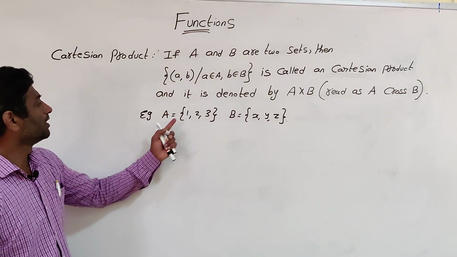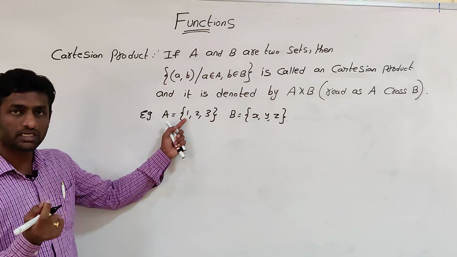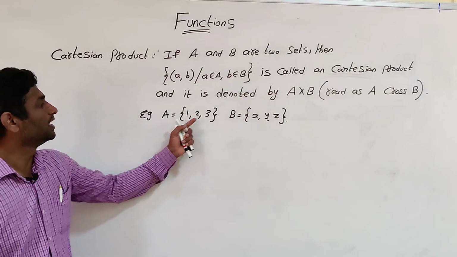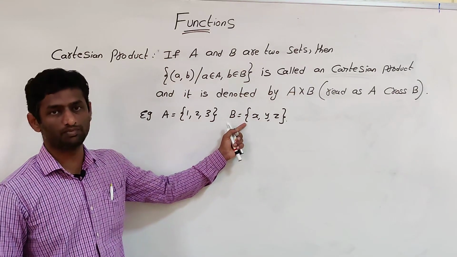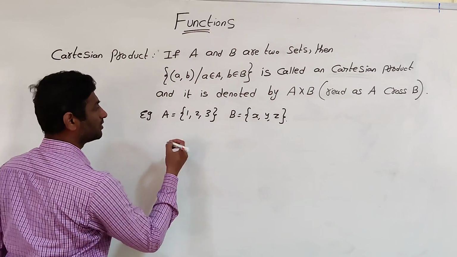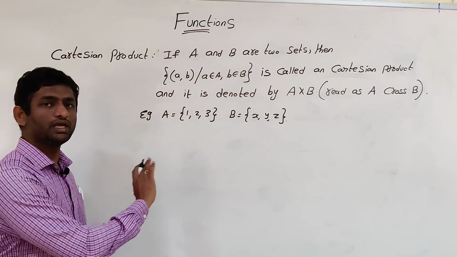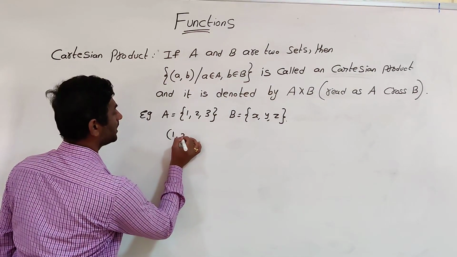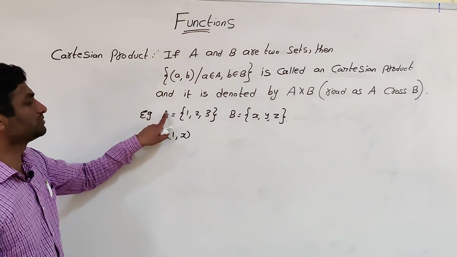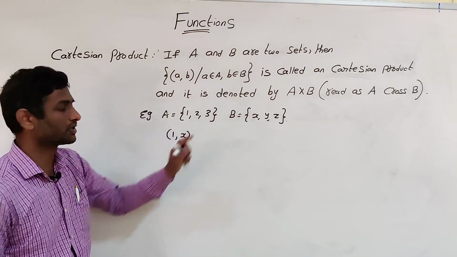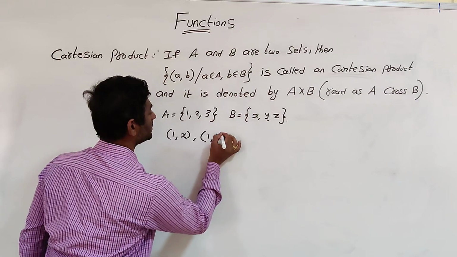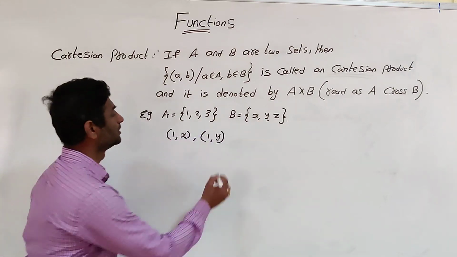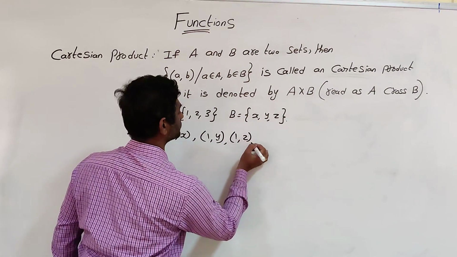We have to select ordered pairs where the first component is from set A and the second component is from set B. First I will write all the possible ordered pairs. (1, x) is one ordered pair, where 1 is from set A and x is from set B. Next, (1, y), then (1, z).